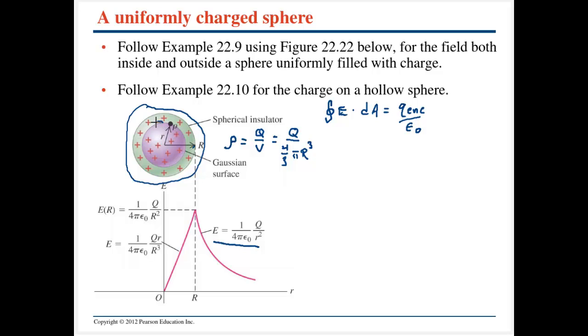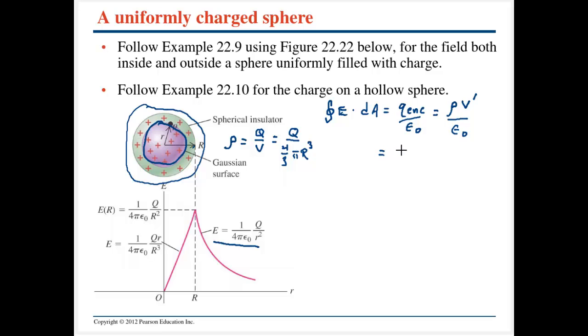Now, however, suppose I draw my Gaussian surface on the inside with a tiny little radius r. Then my charge enclosed is going to be equal to the charge density multiplied by this new volume that I've chosen, divided by epsilon naught.